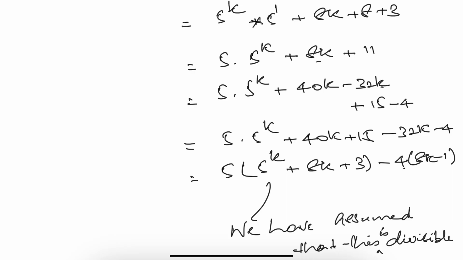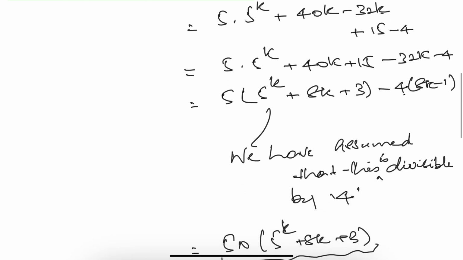So now we can separate that. 5 times 5 to the power k plus 40k plus 15, and then minus 32k minus 4. If you take 5 out of the bracket, out of the first three components, 5 to the power k plus 8k plus 3 is inside the bracket, 5 times, and minus 4 out. Purposely, I just wanted to prove that 4 is divisible by 4, so I took 4 out: 4 times 8k minus 1.